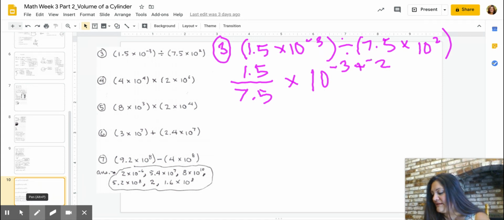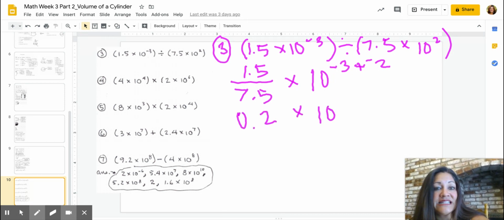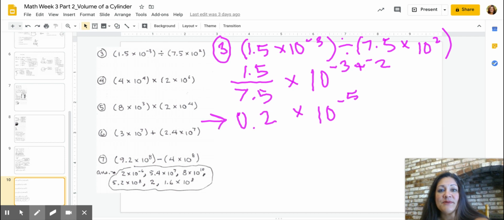So 1.5 divided by 7.5 is 0.2 times 10 to the negative fifth. Well, what I just said is that this number has to be between 1 and 10. So 0.2 is not, it is less than 1.